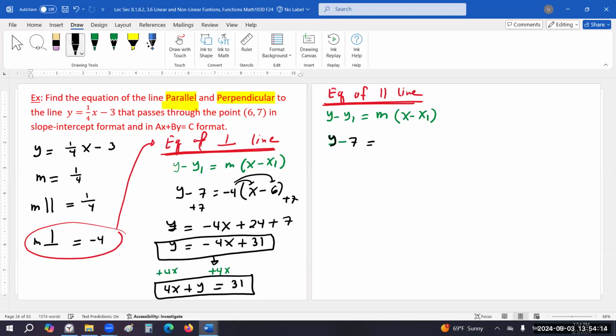Y minus 7. What is the slope of the parallel line? 1/4 x minus 6. Perfect. And then what do we do? Add 7.